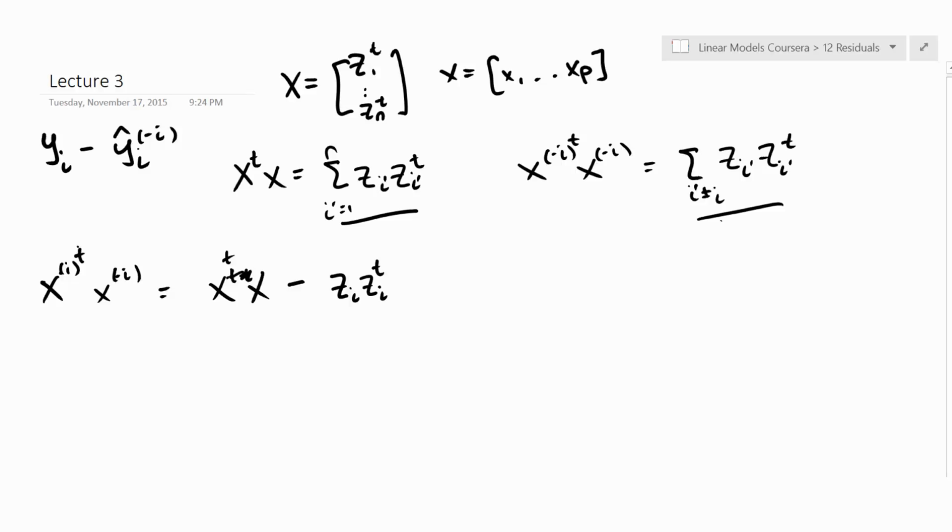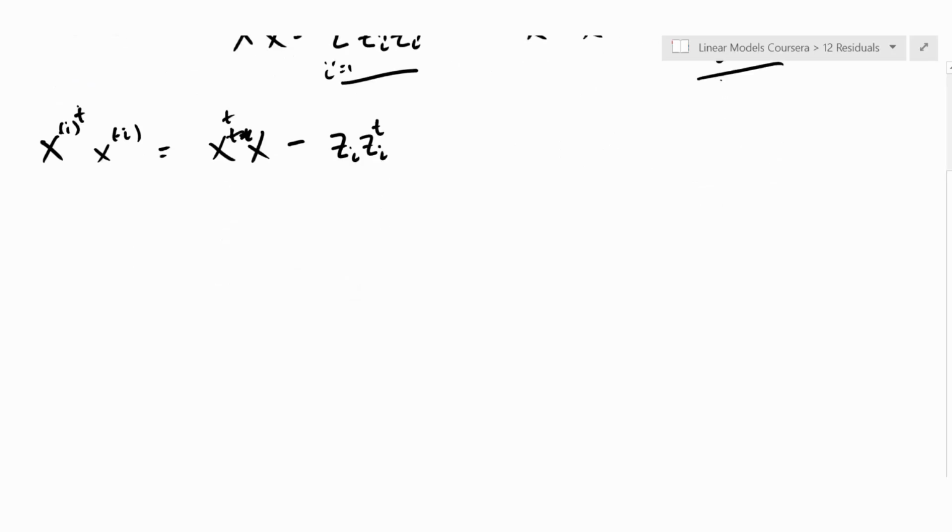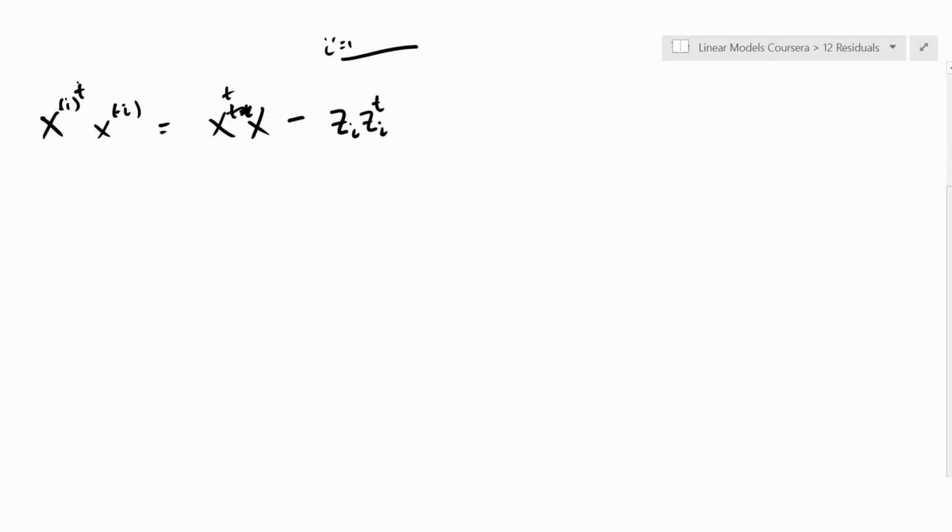Then we can invert this matrix, because remember, if we're going to find the fitted values for having fit with the ith data point deleted, we need X transpose X inverse. So we need X minus i transpose X minus i, that whole thing inverted. And we've written it out like this so we can use the Sherman-Morrison-Woodbury theorem.